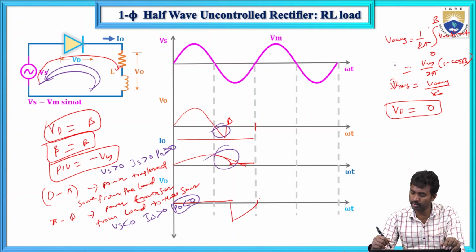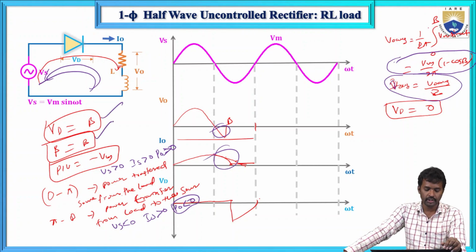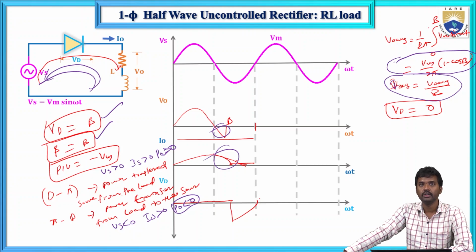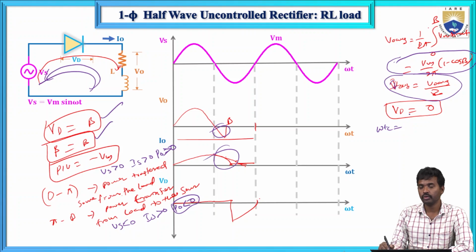So average output voltage, average output current, diode current, peak inverse voltage and beta extension angle. And now here the circuit turn off time, the time for which omega tc equals, what is the value?